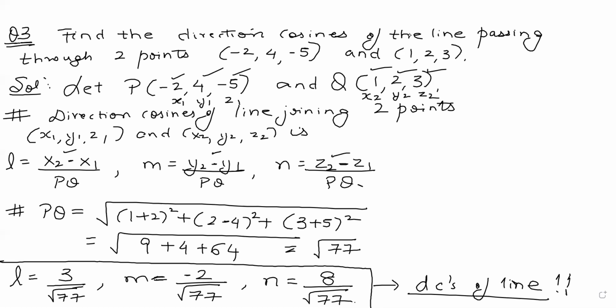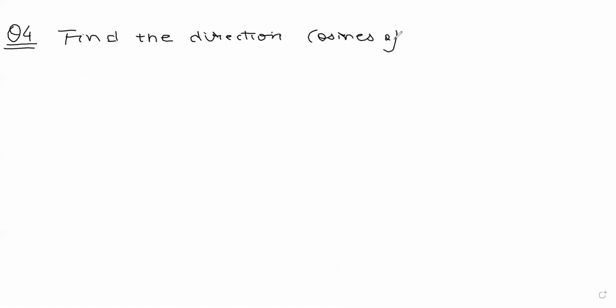Okay, now let's look at question 4. Find the direction cosines of the x, y and the z axis.